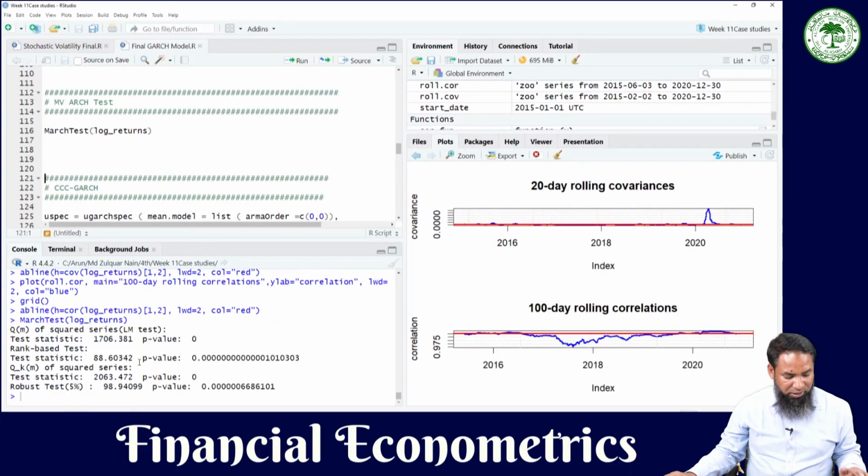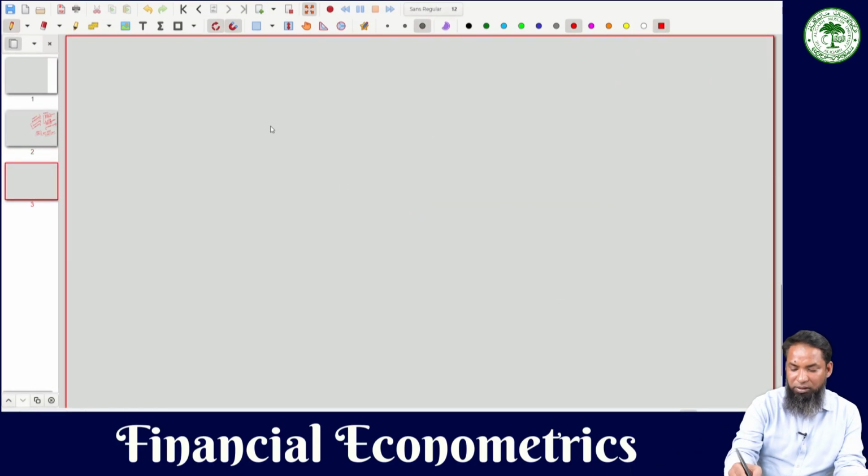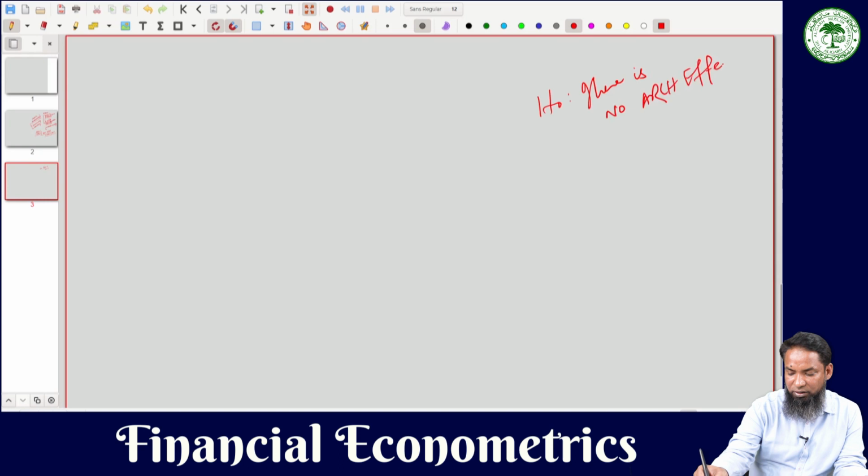Now if you see here, the null hypothesis of the multivariate ARCH test is that there is no ARCH effect, no multivariate ARCH effect. The alternate is that there is an ARCH effect.